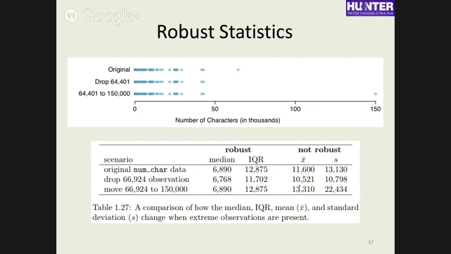Measures of spread in general are more sensitive to outliers than the measures of central tendency. That makes sense, right? Because it's a measure of spread, and the more extreme your outliers, there is sort of more spread in your data. But you really see that here with this outlier.